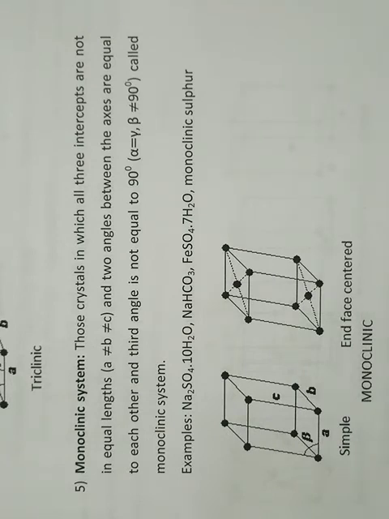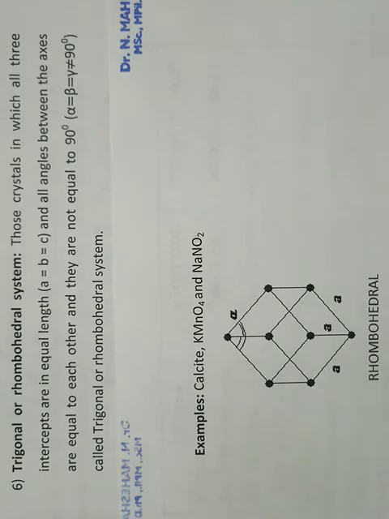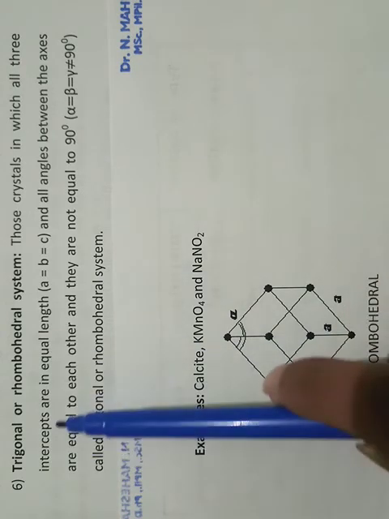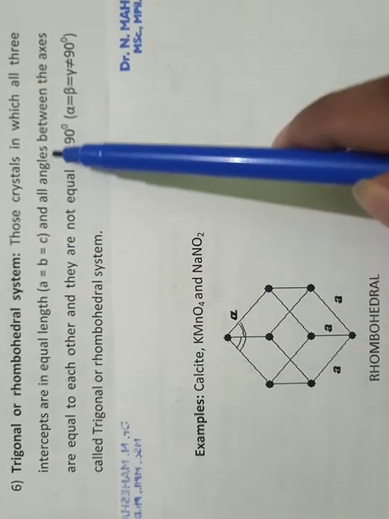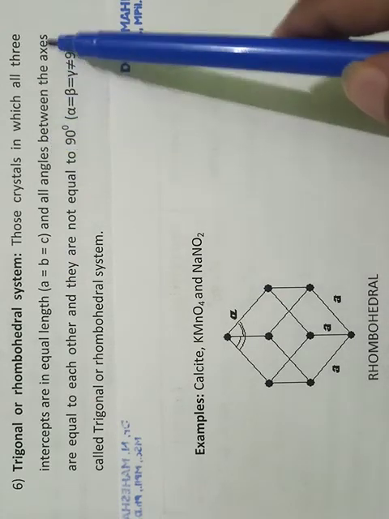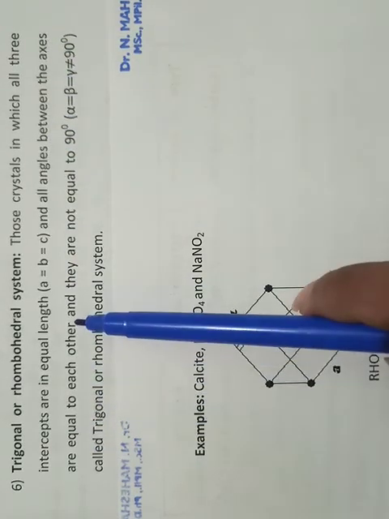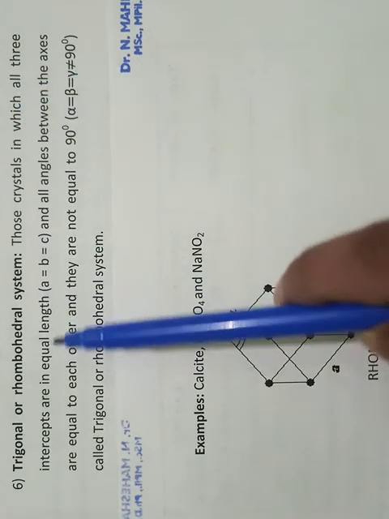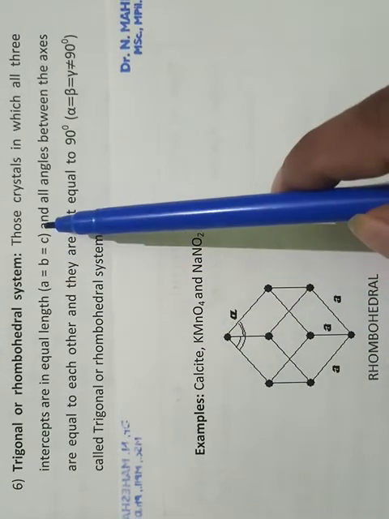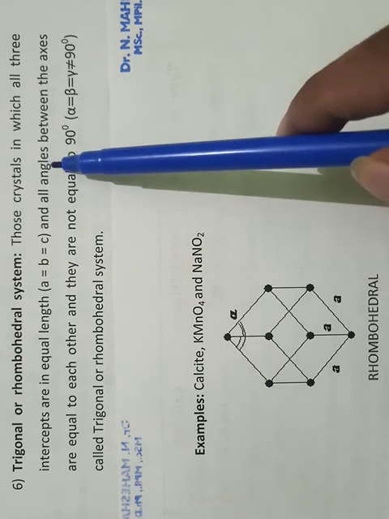So the next one is the trigonal or rhombohedral system. In the trigonal or rhombohedral system, all the three intercepts are equal in length, and all the angles between the axes are equal to each other, but they are not equal to 90 degrees.